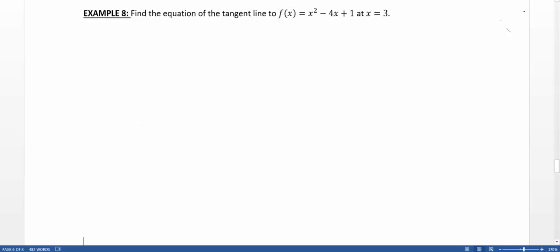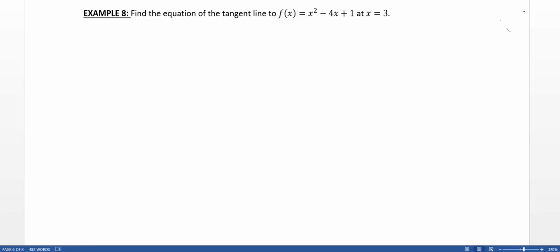Example 8. Find the equation of the tangent line to f of x equals x squared minus 4x plus 1 at x equals 3. Let's remember what our derivative tells us. The derivative is going to give us the slope of the tangent line at a point. That's part of what we need to find the equation of the tangent line.